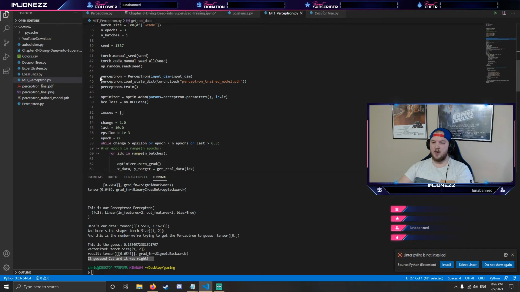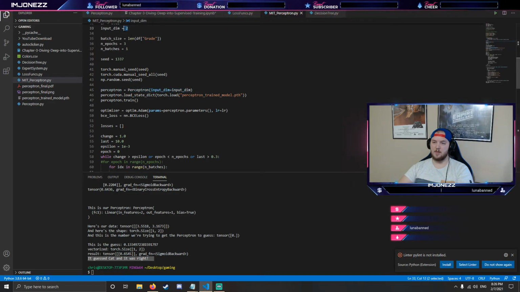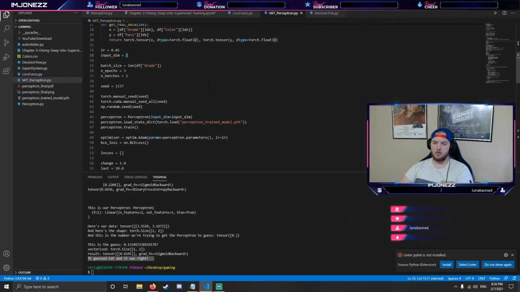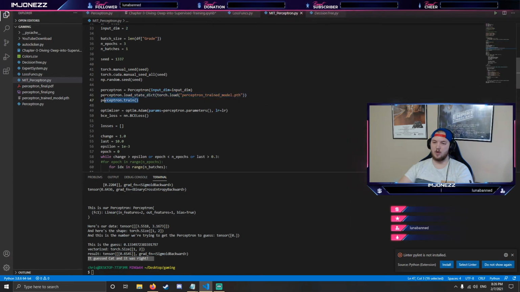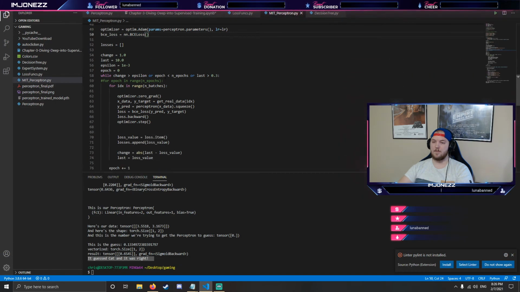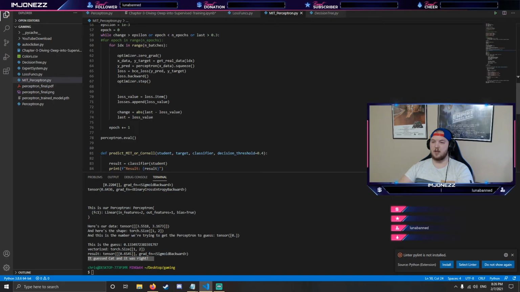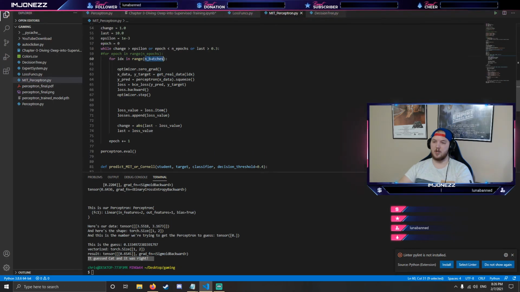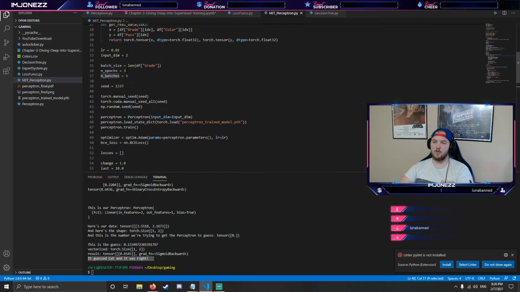So we have our Perceptron, which is instantiated with the exact same input dimension as before. We are loading our Perceptron. We're putting it in training mode. Here are our optimizer and our binary cross entropy loss, the same as we had before. And basically what we're doing is we're grabbing 1 point of real data for every number of batches we have, and our number of batches is 1.